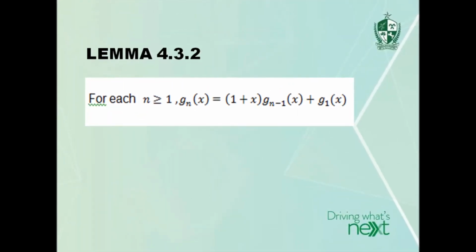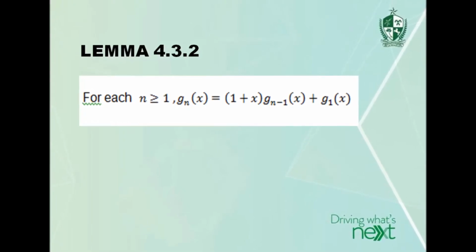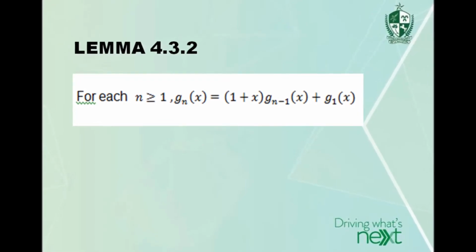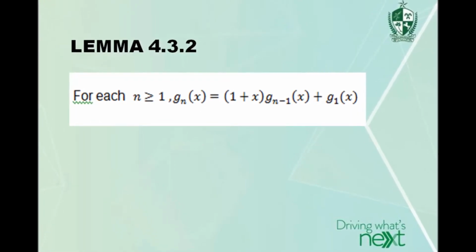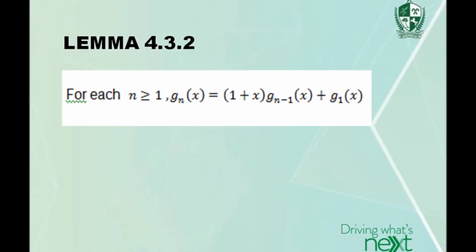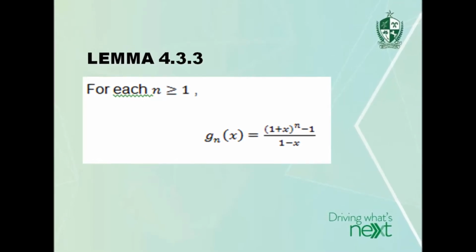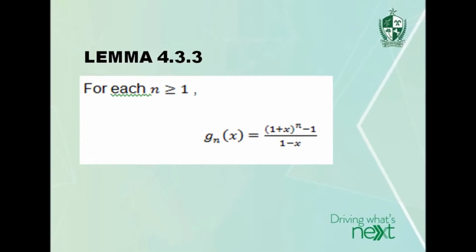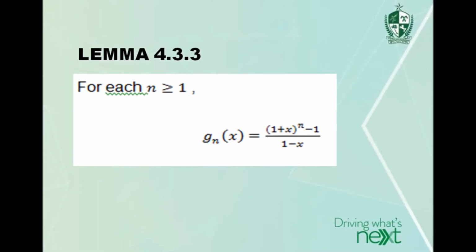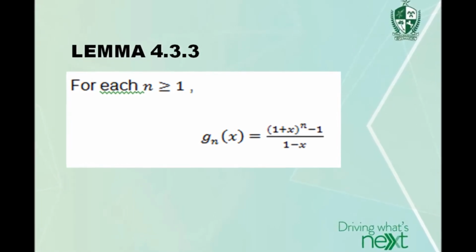Lemma 4.3.2. For each n greater than or equal to 1, g sub n of x is equal to 1 plus x g sub n-1 of x plus g sub 1 of x. Lemma 4.3.3. For each n greater than or equal to 1, g sub n of x is equal to (1+x)^n - 1 all over 1 - x.